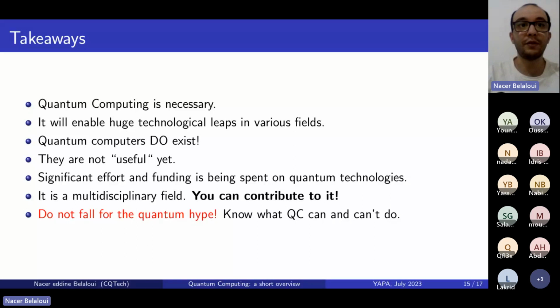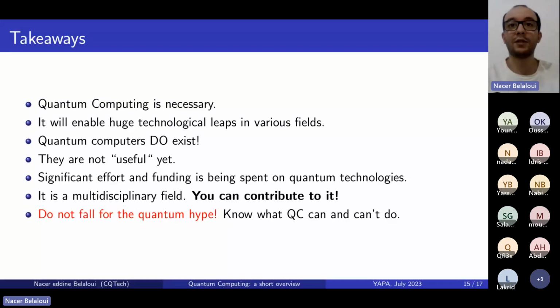This brings them investments and money, but this is not good for the whole computing development and the whole ecosystem, because it will crash, just like the internet bubble crashed in the early 2000s with the dot-com bubble. Companies promising impossible technologies, and then in the end people realized that this was not going to be a thing, even though the internet, we know how useful it is today. So something similar may happen to quantum computing.